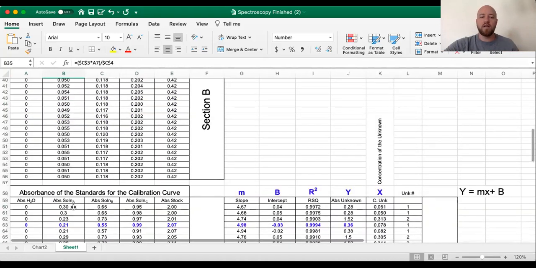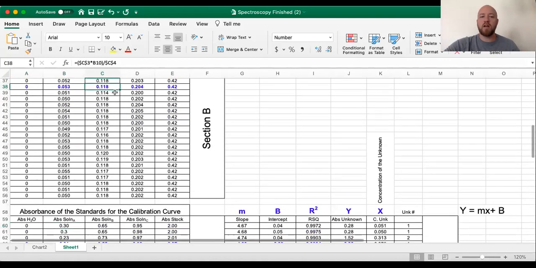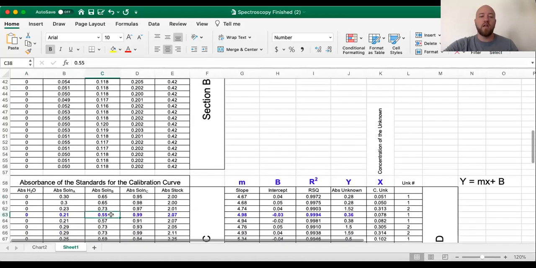Okay, so it has a nominal response of 0.3. Solution B has a concentration of 0.11, so it's double A. And so it gives us an increased response because the concentration is going up. So again, the solution is more colored, so it's absorbing more of the light passing through.